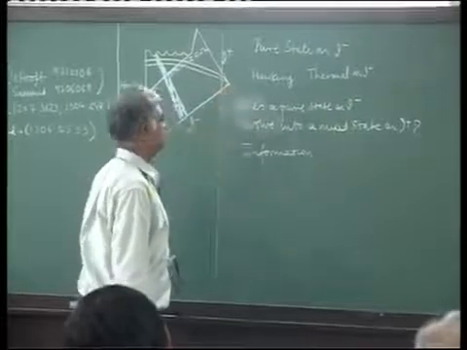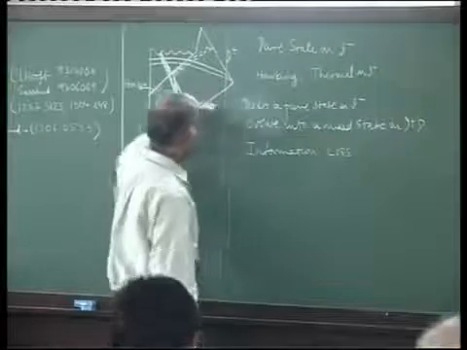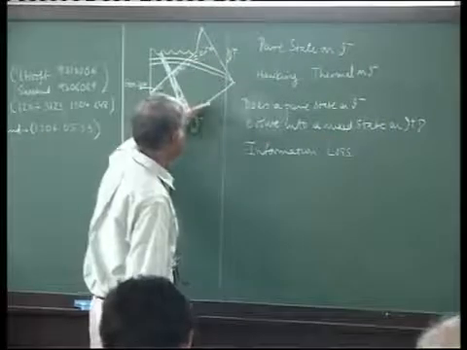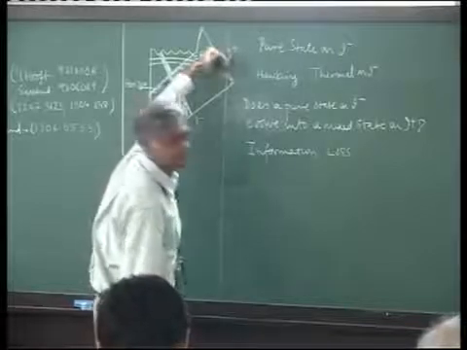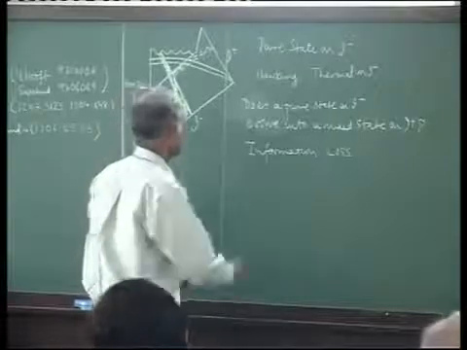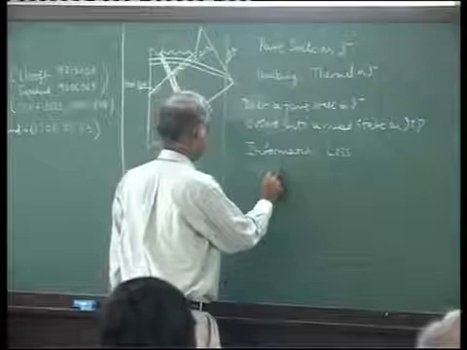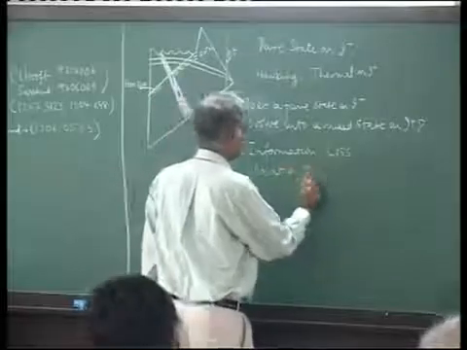So if this happens, you would have information loss. For example, you lose the information of which pure state you started with if you end up with a thermal state. So you would have information loss, and there would be a big violation of quantum mechanics.